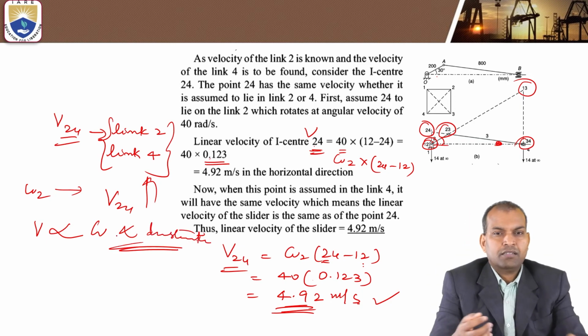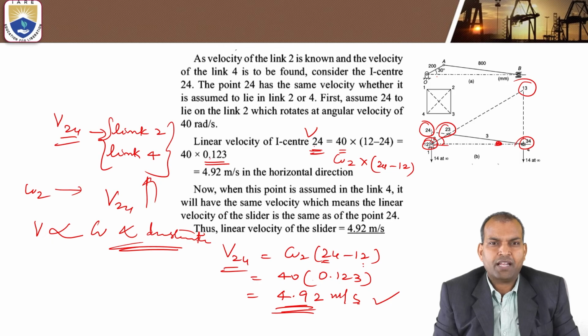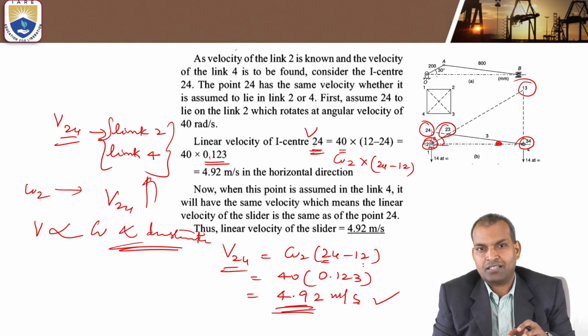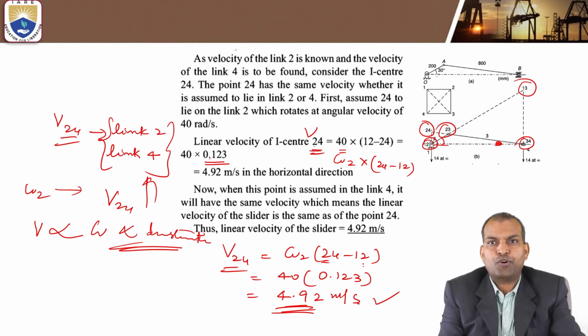In that manner, we'll find out different linear velocities at different instants of the location of the mechanism. That's why these I centers are instantaneous centers, and we are going to find out velocities at a particular instant. It is not dynamically varying; it is under static condition only that you are finding out. So that is model 1.